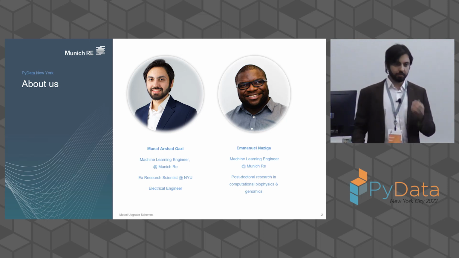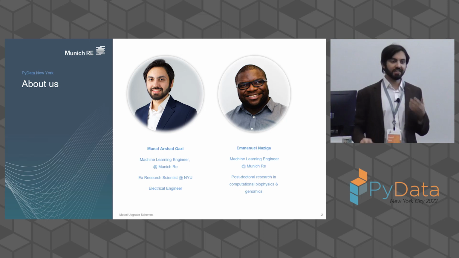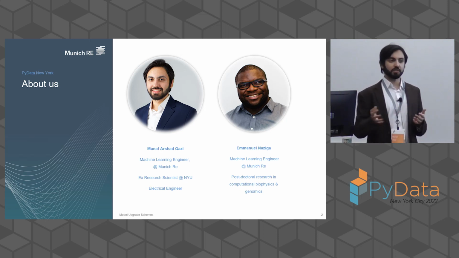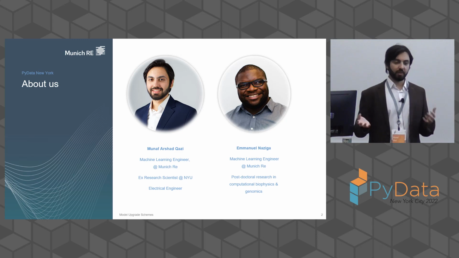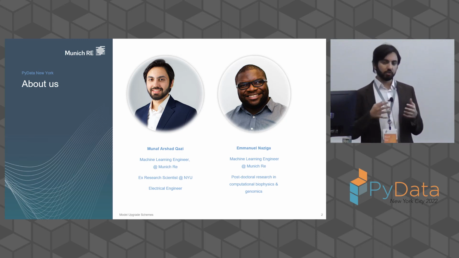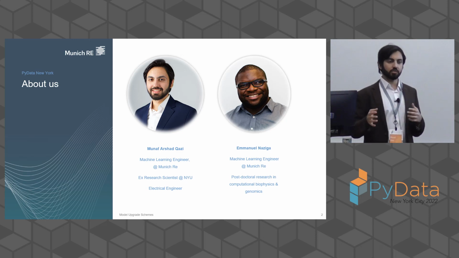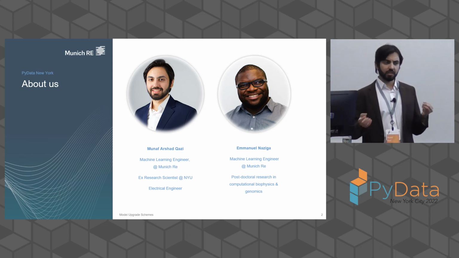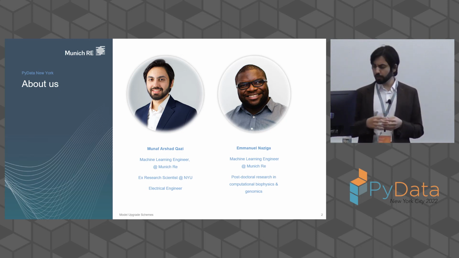Finally, a bit about the company, because not many people know what Munich Re does. Munich Re is a reinsurance company, so that essentially means insurance for insurance companies. And how that translates into the business is that we are a B2B company, so we work with lots of insurance carriers throughout the US, and we try to semi-automate their underwriting or data processing needs.